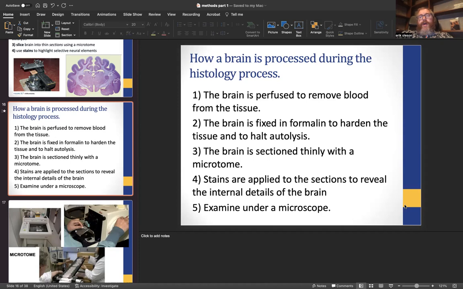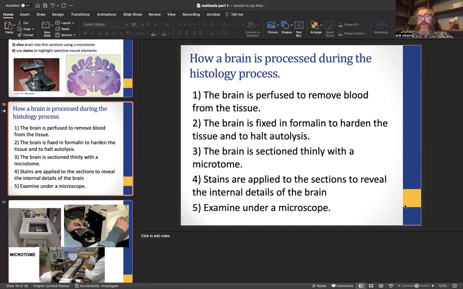Essentially, the cells in your body are going to be decayed by microbial life. And by fixing it with formalin, you are basically creating a tissue structure that cannot be decayed by microbial life. It also is chock full of carcinogens and nasty things that will harm your cells, so you have to be a little careful of it.